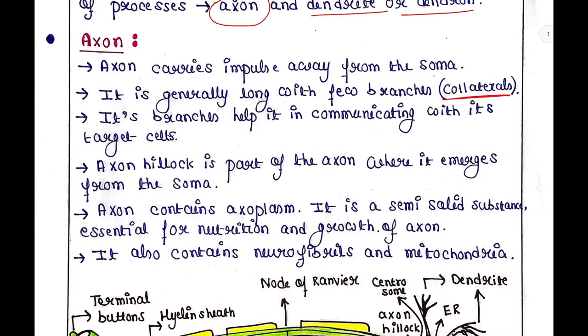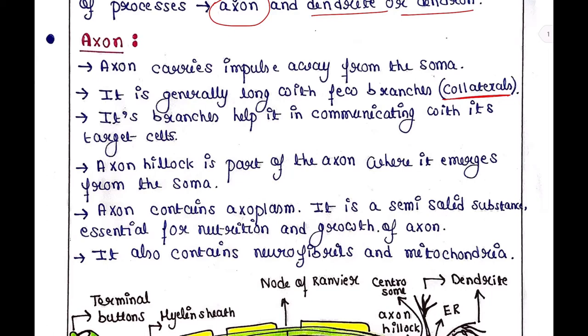Okay. So its branches help it in communicating with its target cells. Axon hillock. So axon hillock is the part of the axon where it emerges from the soma. It is the part of the axon and from this axon hillock actually axon arises from the soma.